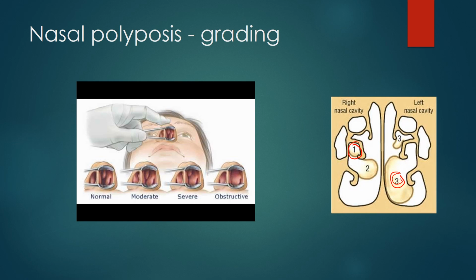Still, if that flags with you as a potential unilateral feature on examination, if you can see something on one side of the nose and not on the other, then I have no issue with you treating that as a unilateral presentation and referring to ENT just for the sake of safe practice.